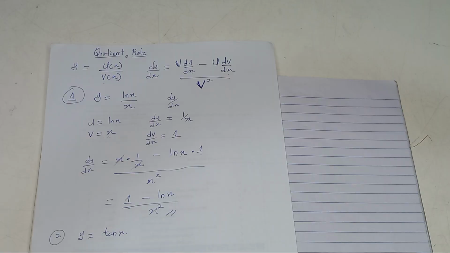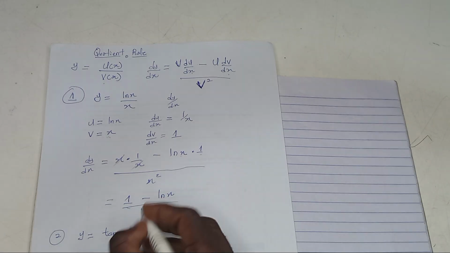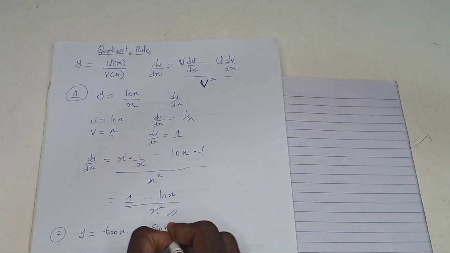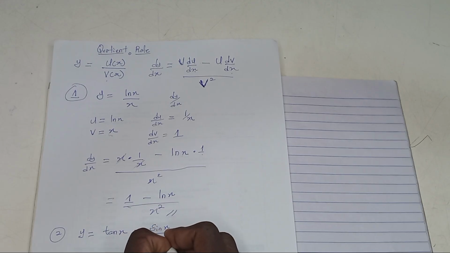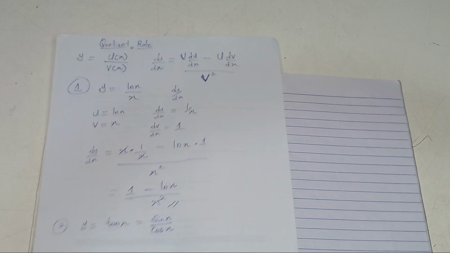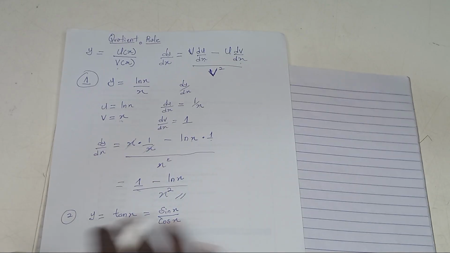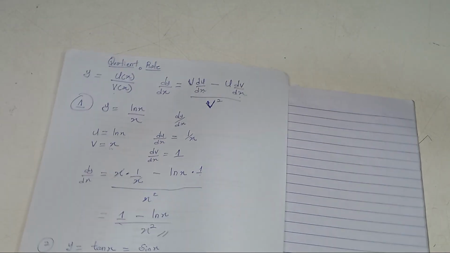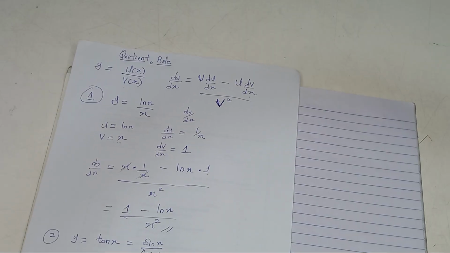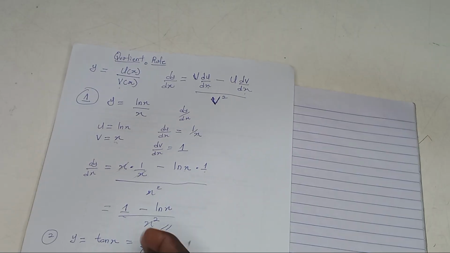Why I'm mentioning y equals tan x in a quotient rule example is that tan x can also be expressed as sin x over cos x. That's an expression from our trigonometry.